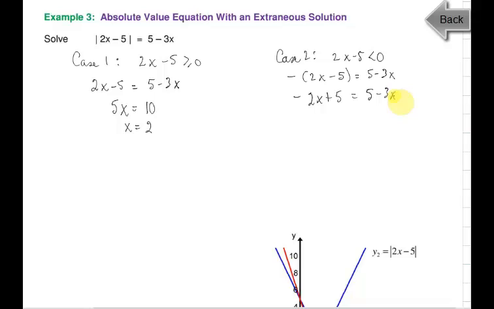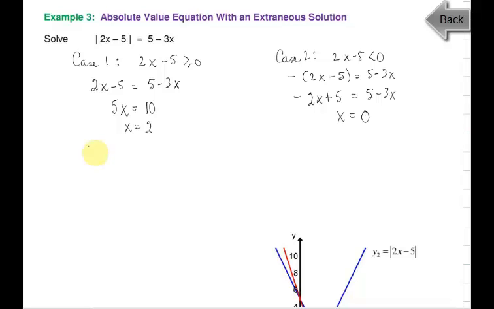Once again, I'm going to solve for x. I'm going to bring my negative 3x over to the left. It becomes positive. 3x minus 2x is x. I'm going to bring my positive 5 over to the right. It becomes negative. 5 minus 5 is 0. All right, so my two possible solutions are x equals 2 and x equals 0.